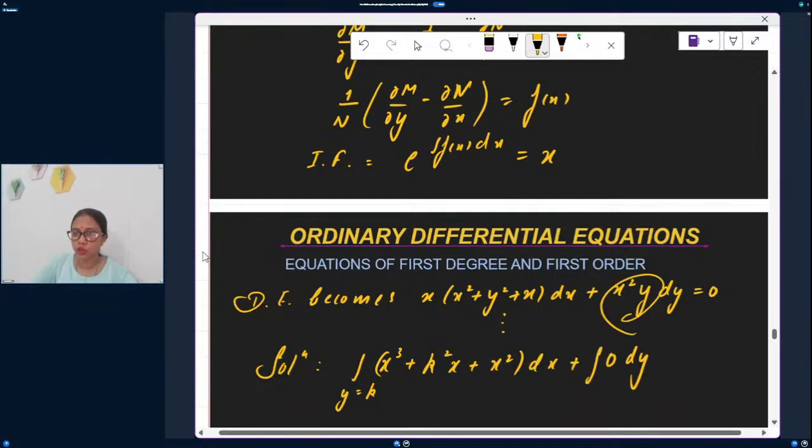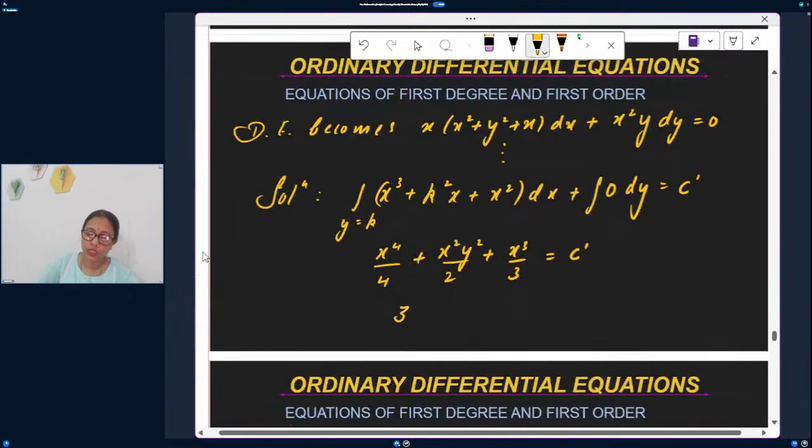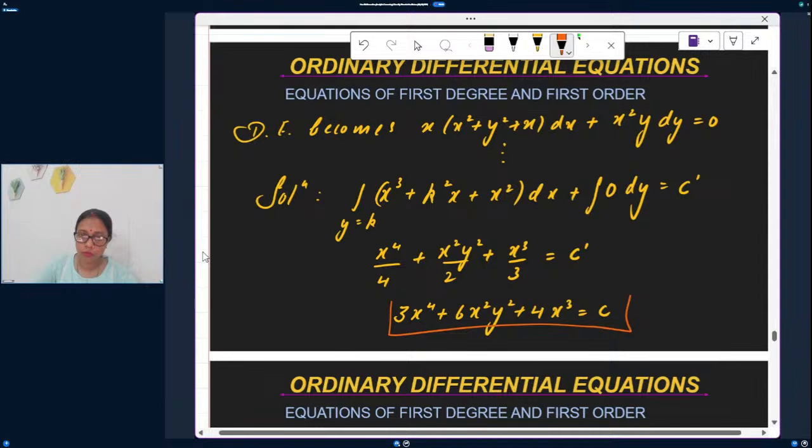There is no term not containing x, so that is equal to constant. So it is x raised to power 4 by 4 plus x square y square by 2 plus x cube by 3 is equal to c dash. So 3x raised to power 4 plus 6x square y square plus 4x cube is equal to c. That is your solution.